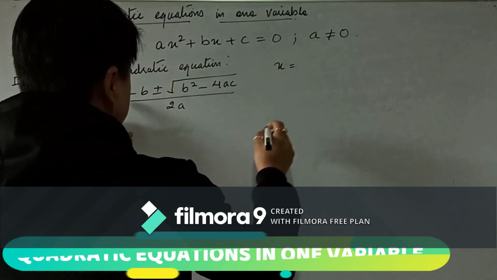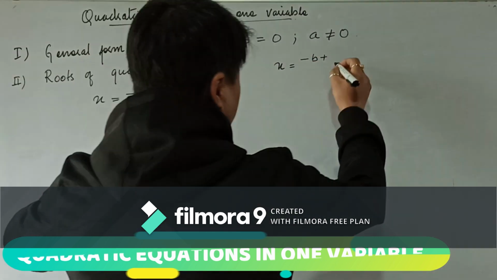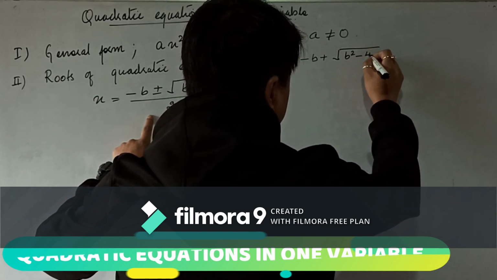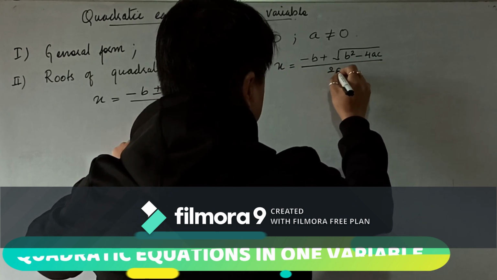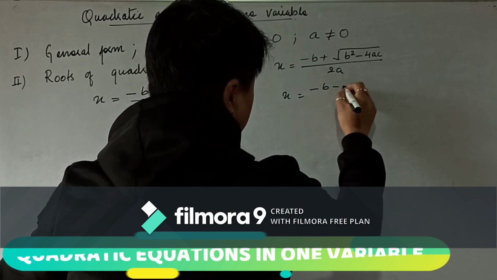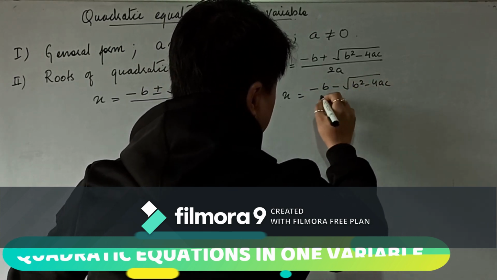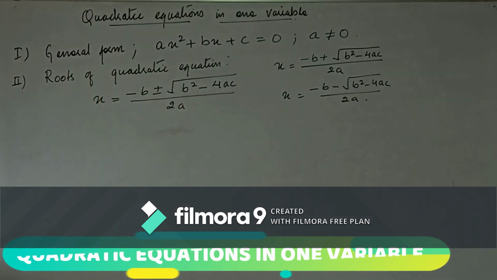First we'll take only the positive value: x = (−b + √(b² − 4ac)) / 2a, and the other is x = (−b − √(b² − 4ac)) / 2a. These are called the roots of the quadratic equation.